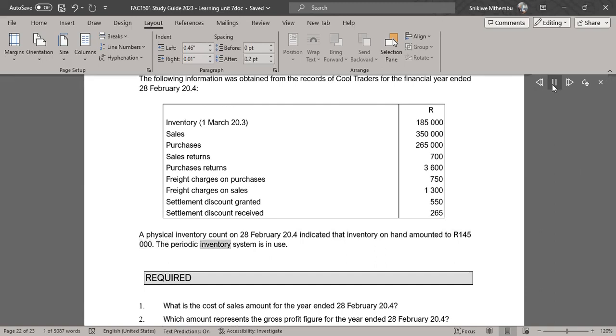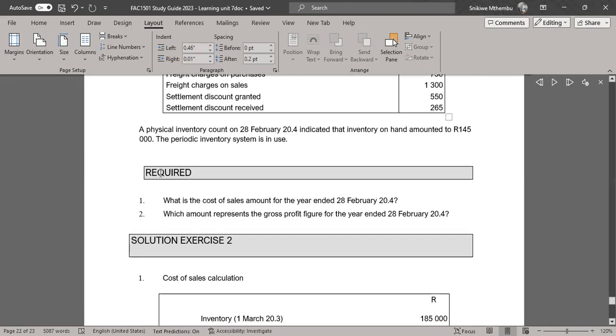The periodic inventory system is in use. Required. What is the cost of sales amount for the year ended February 28, 20.4? Which amount represents the gross profit figure for the year ended February 28, 20.4?